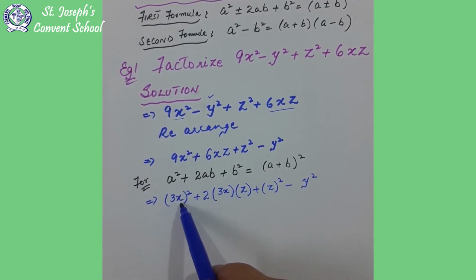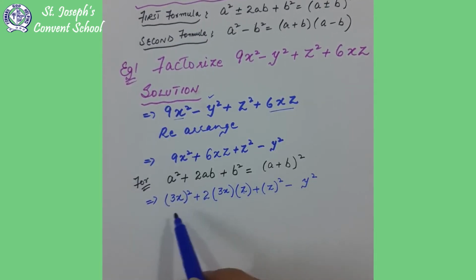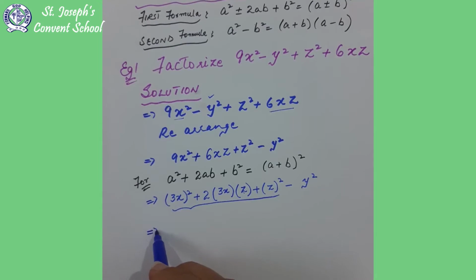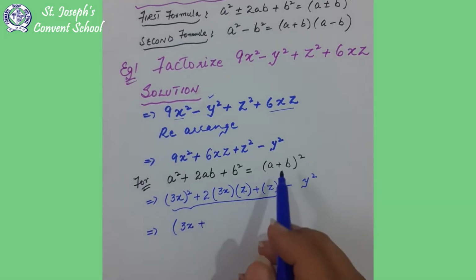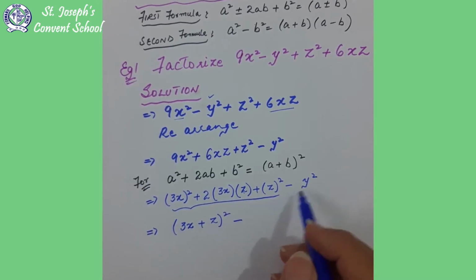A is this term, b is this term. So a square plus 2ab plus b square equals what? A plus b the whole square. So a means first term 3x, plus b is the last term z, the whole square, minus this as it is.